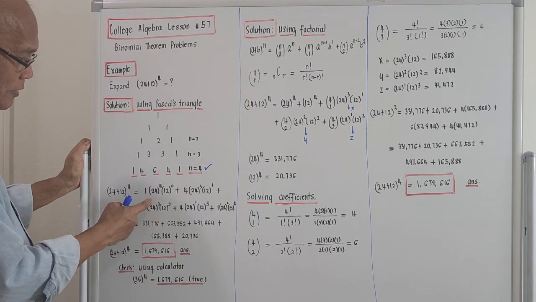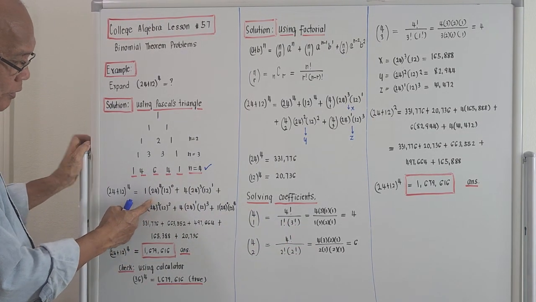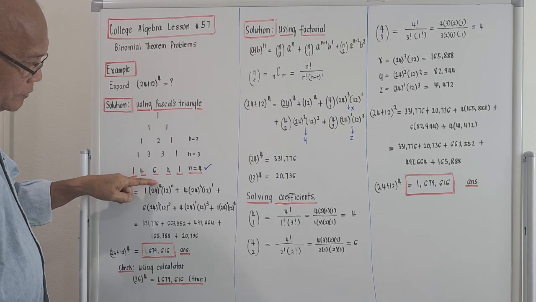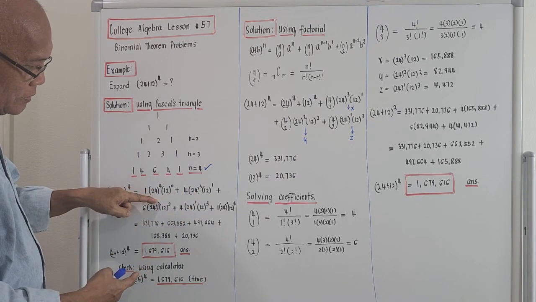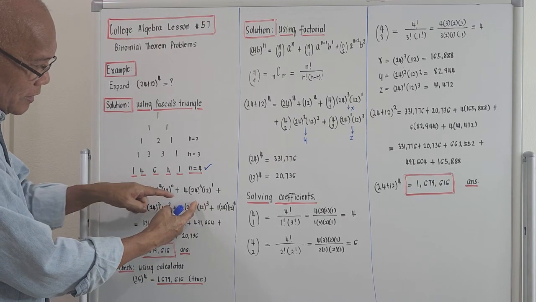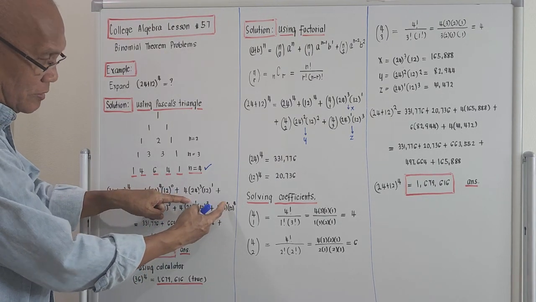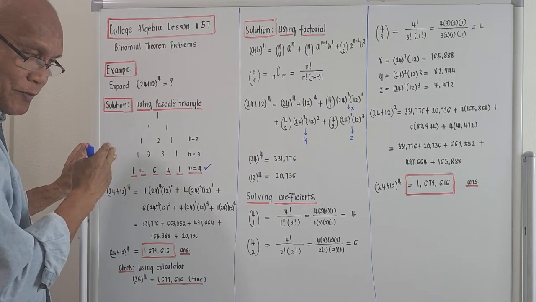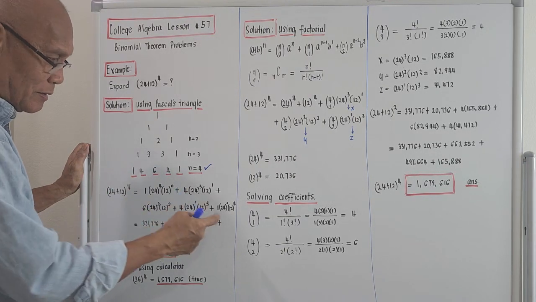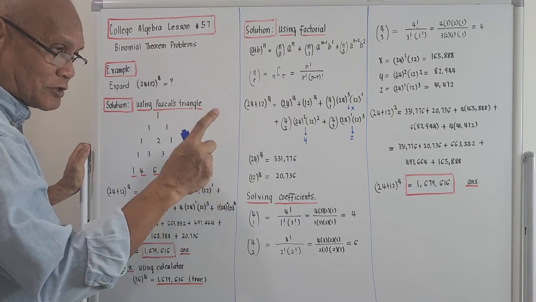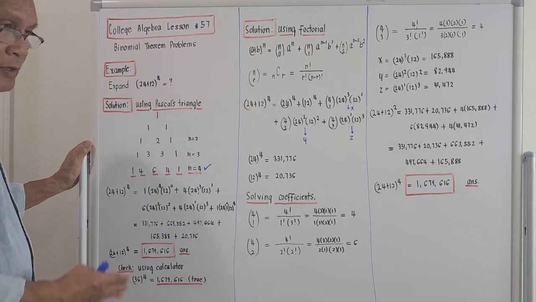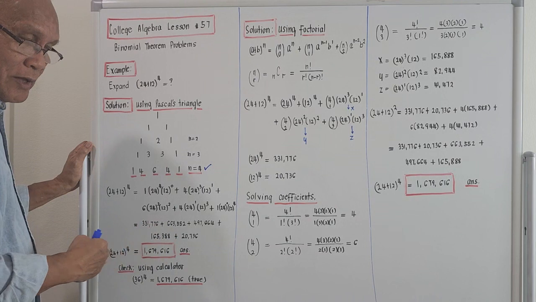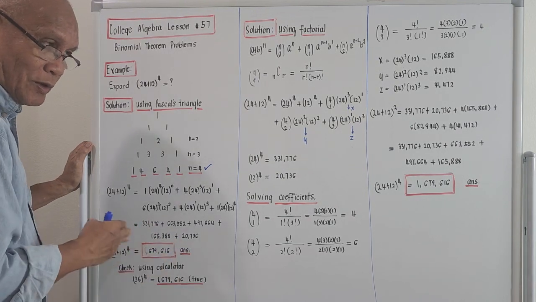So for the first term, 24, it will start with 4, next one will be 3, next 2, next 1, and the last is 0. So it goes down from 4, 3 to 1, and the last is 0 for the exponent of the first term.